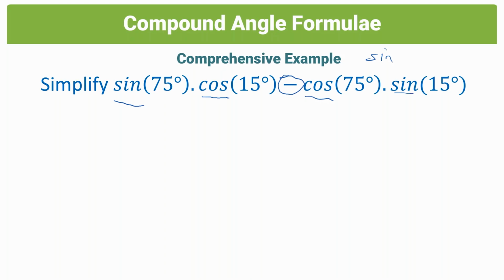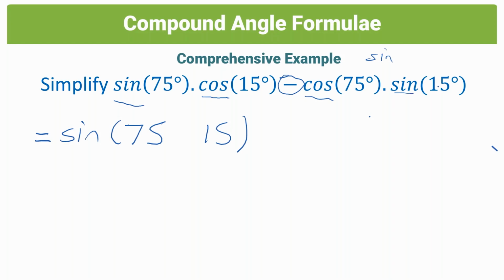Because what's the pattern of the sine compound angle formula? Well, it's sine cos, cos sine, same sine. So we see this pattern here and can immediately equate this to sine of 75 and 15 over here. And we know that with the sine compound angle formula, our sine stays the same, right?